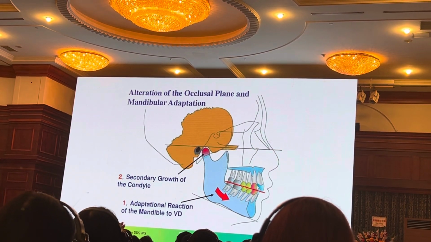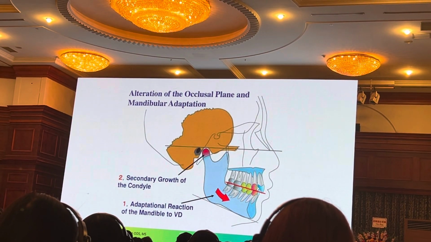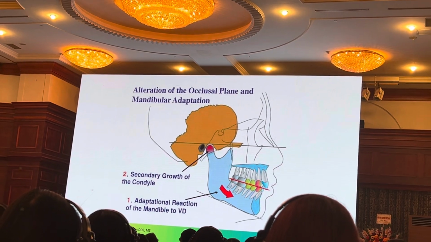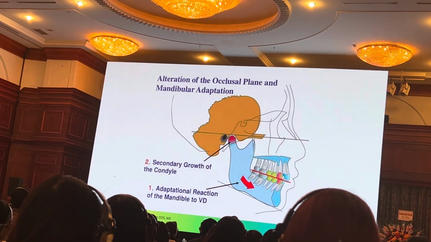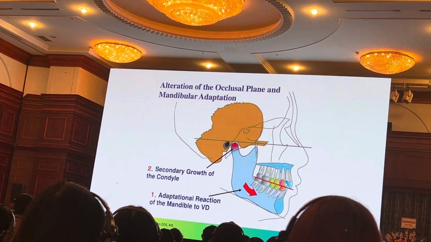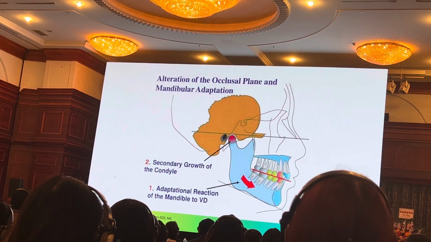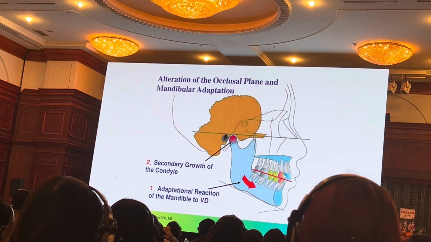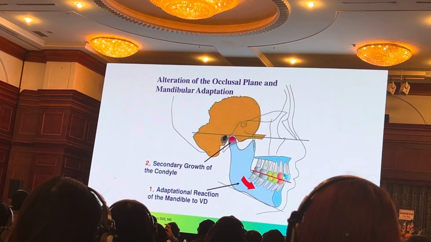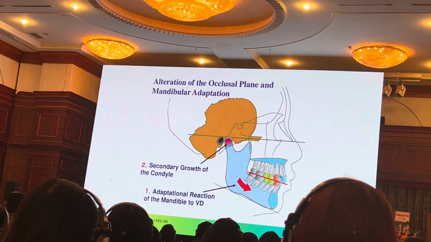So sometimes we adjust the occlusion and the joint responds so well. And sometimes if I do not change the occlusion very well, and the forces of occlusion lead to a compression in the joint, this system will also adapt, but in a bad way, okay?